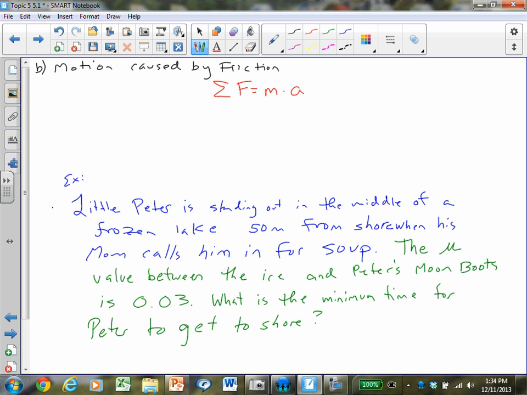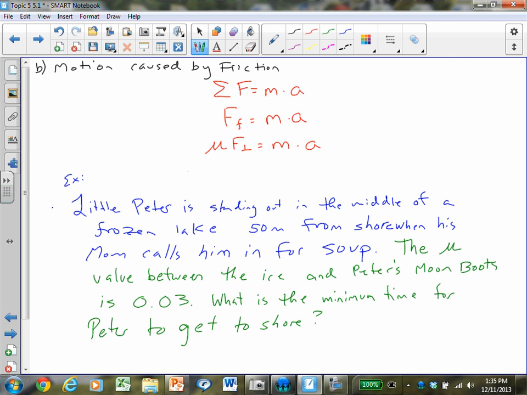And then, in this case, it's friction that's going to cause the person to, say, be able to walk on ice or pavement, depending on what it is. But friction is mu F perpendicular, the flat surface in this case.